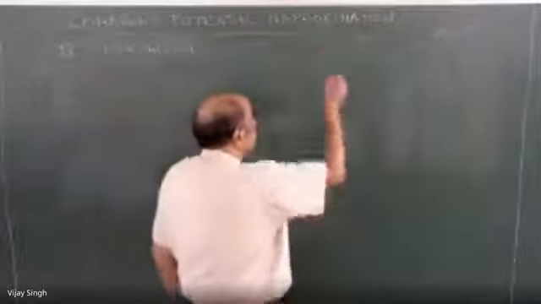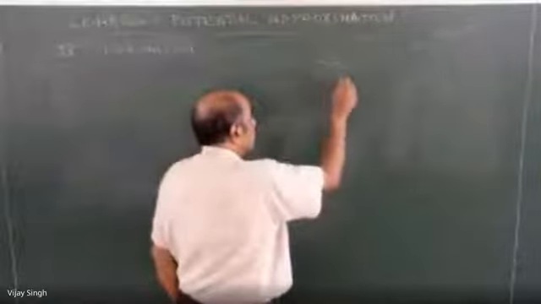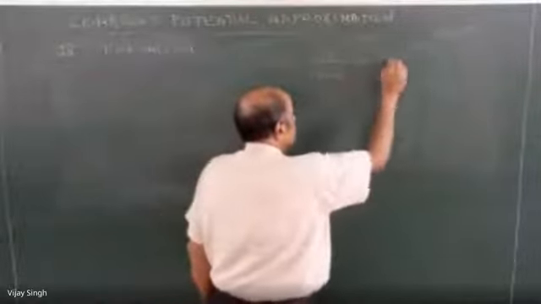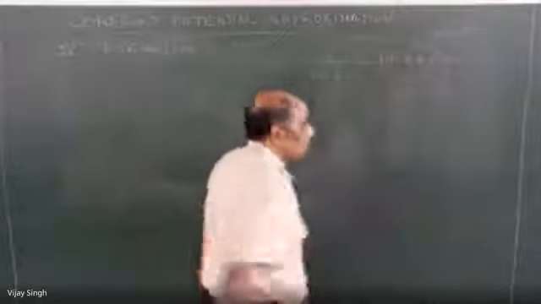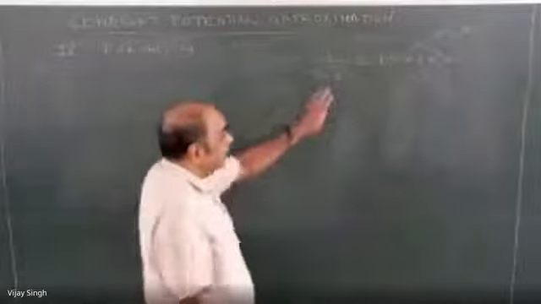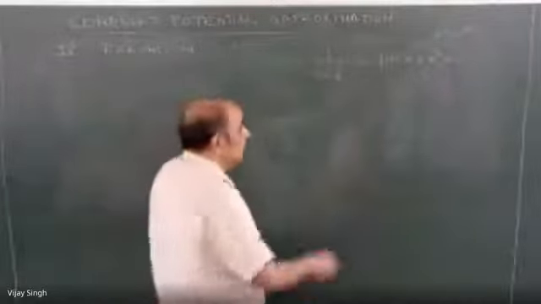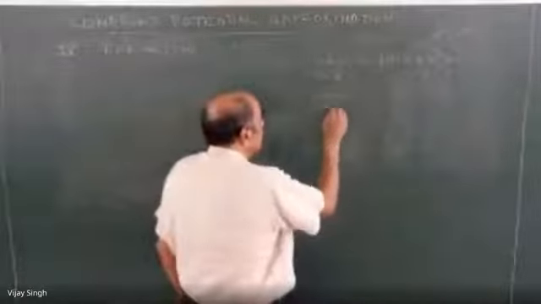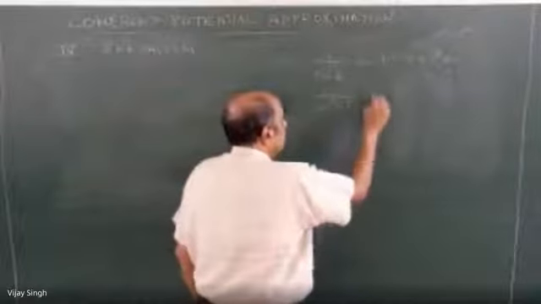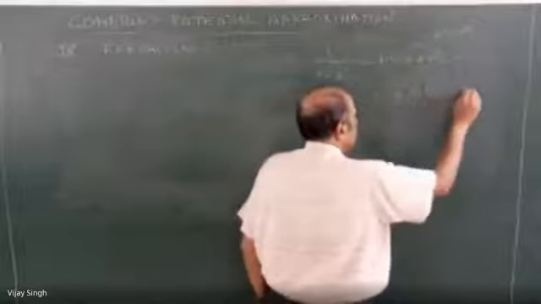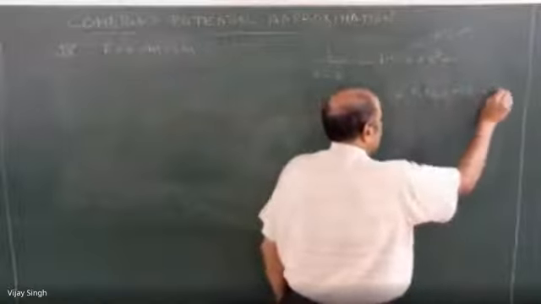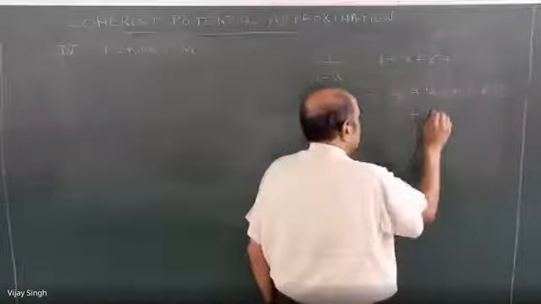So I remind you that there is a Taylor expansion which looks like this: 1 over 1 minus x equals 1 plus x plus x squared and so on. We extend this to operators also. So if there's an operator like 1 over 1 minus AB, I will write it as 1 plus AB plus AB AB plus AB AB AB.